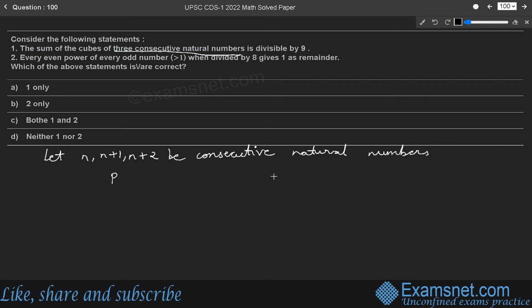Now P of n will be equal to n cube plus n plus 1 cube plus n plus 2 cube, because the question says that the sum of the cubes, and we know that the 3 consecutive natural numbers will be n, n plus 1 and n plus 2. Now it says that it is divisible by 9, which means this should be divisible by 9.